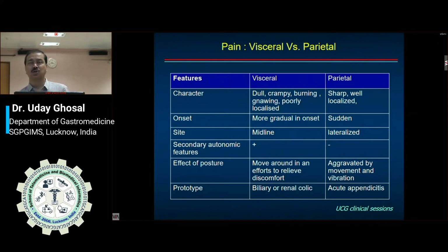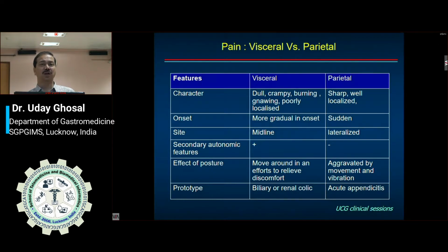Similarly, in appendix, though appendix is located in the right iliac fossa, still the pain will be in the midline initially. Why? Because this is the visceral peritoneum which is getting inflamed, or maybe intra-appendicular pressure is high because of an appendicolith there, and you will get a midline pain.